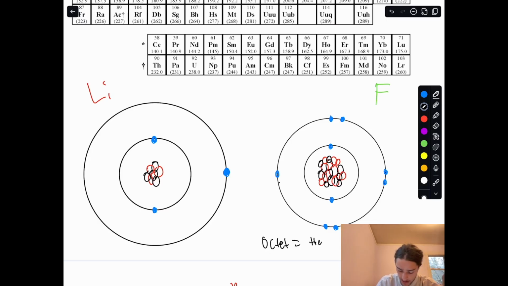So it's octet for 8. The 8 electrons needed to fill the second and third valence shells. This is especially true for the second valence shell.